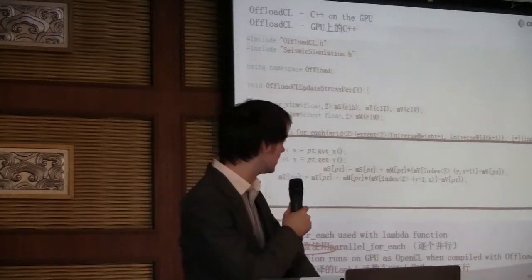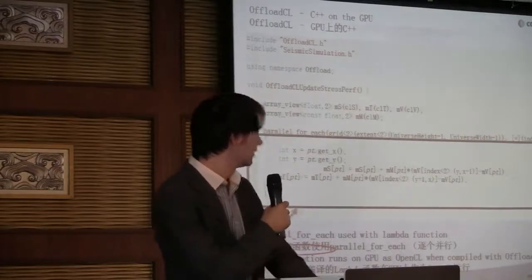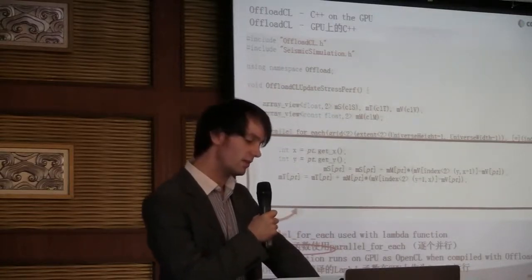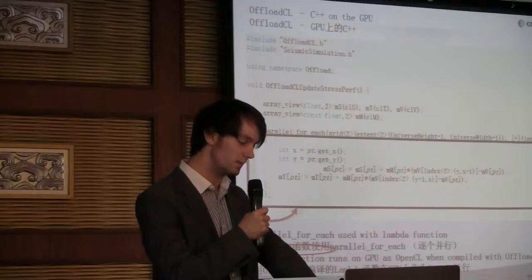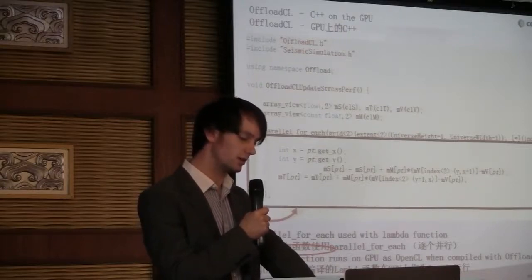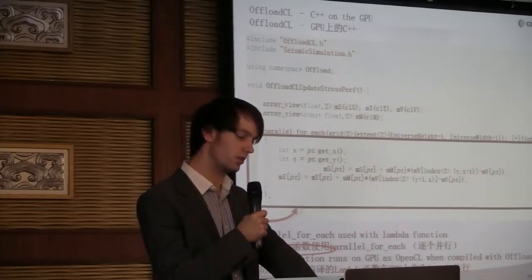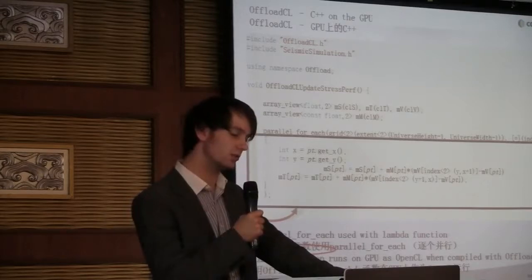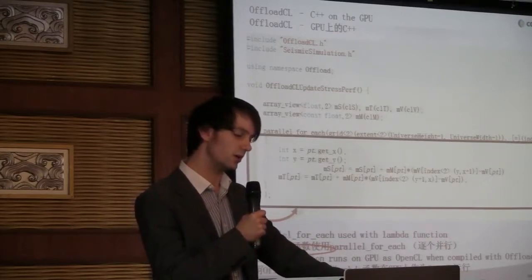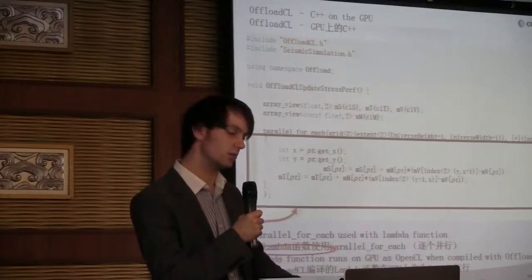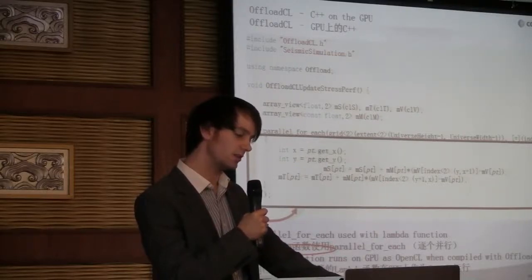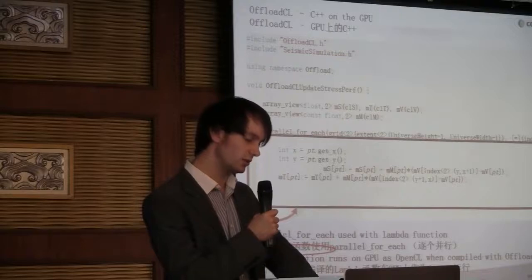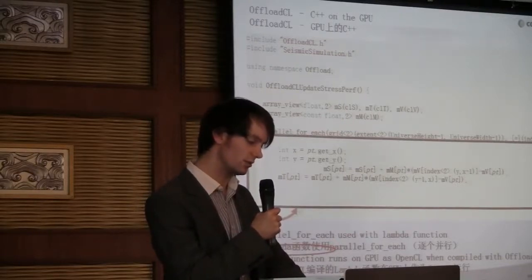Now, a lambda function is the black box that I've highlighted here, and everything within that black box is the lambda function and can be run on the GPU, given our technology. What will actually happen is it will compile and generate an OpenCL kernel with that code. This lets you run OpenCL code without having to worry about the private memory space, the local memory space, or the global memory space. And all of the buffers here are set up for you with the ArrayView class that's in the code there as well.